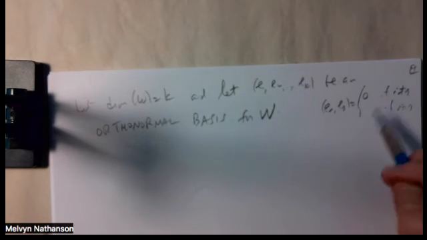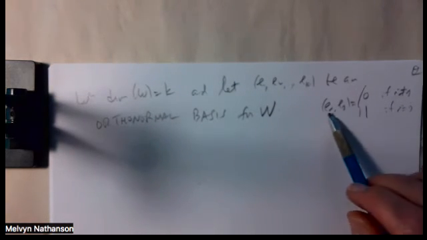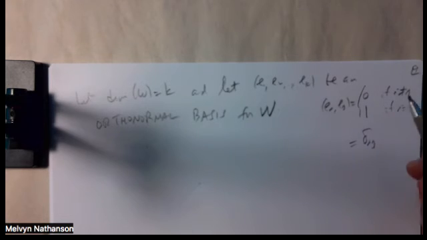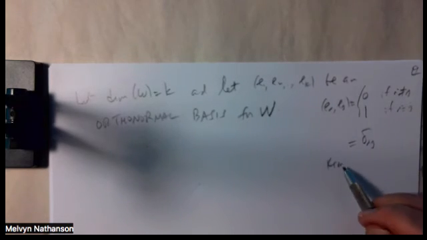And if you take the inner product of a vector with itself, you get 1. So the square of the length is 1, and the only positive number whose square is 1 is 1. So the inner product of EI and EJ is 0 for I different from J and 1 if I equals J, which is exactly what we call this function delta IJ. This is the so-called Kronecker delta.